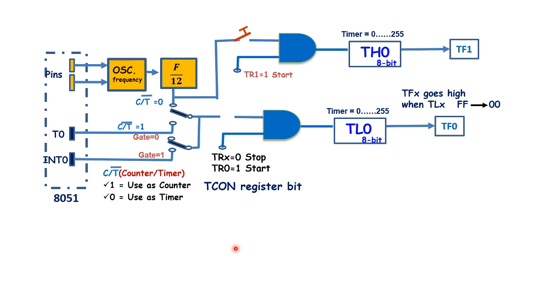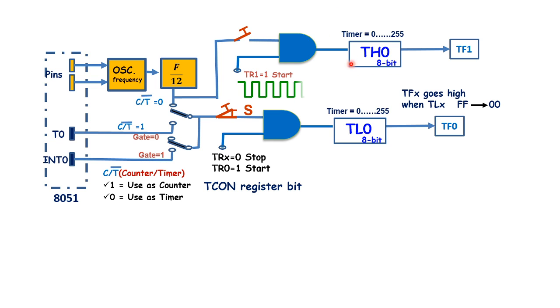So how does this mode occur? This is a pictorial representation. When this switch is closed, the clock is taken from this and this timer starts, TL0, and it rolls over to TF. Once it rolls over, this flag gets set, then it stops.